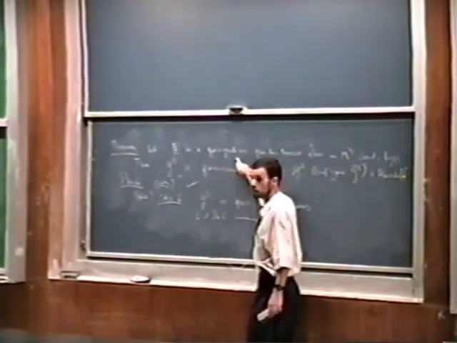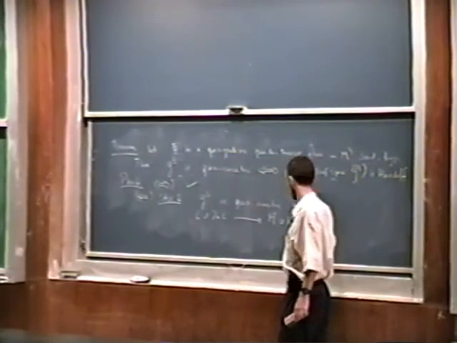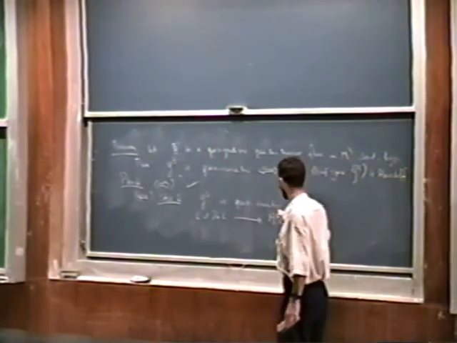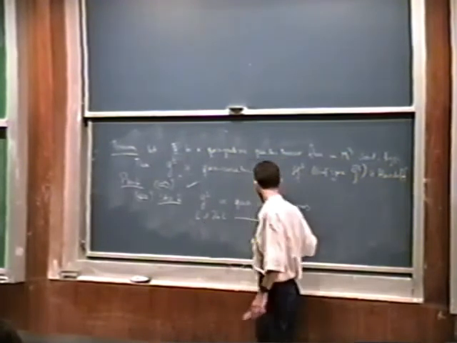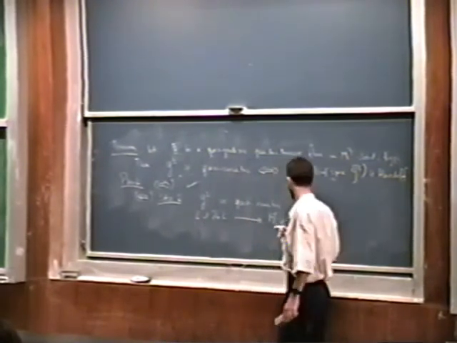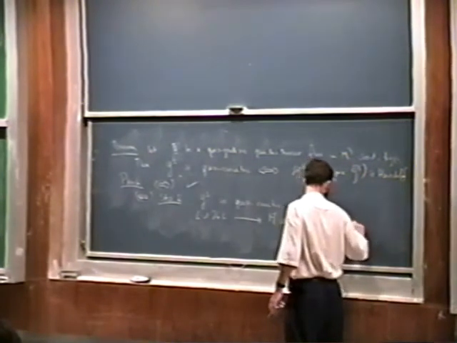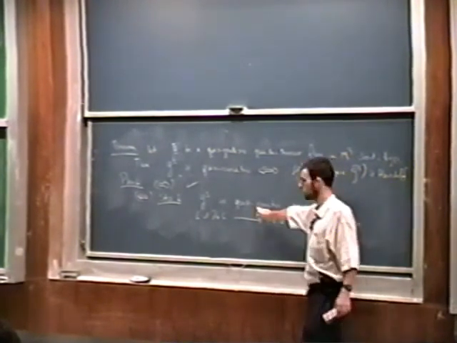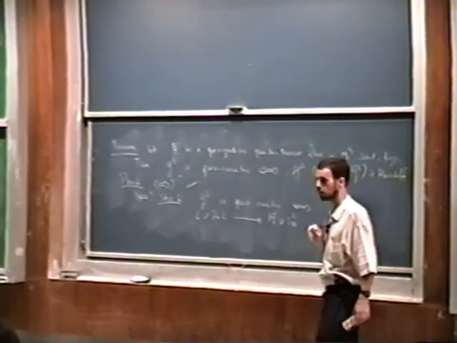Because the flow is quasi-geodesic, I know that the leaves extend continuously, okay? And I know that if this is quasi-isometric, by the Gromov result, this has to be injective, okay? So injectivity is certainly a necessary condition for this foliation to be quasi-isometric, and it turns out that it's sufficient, okay?